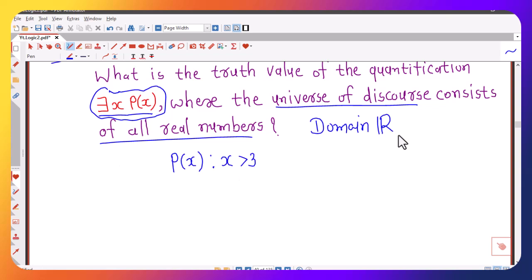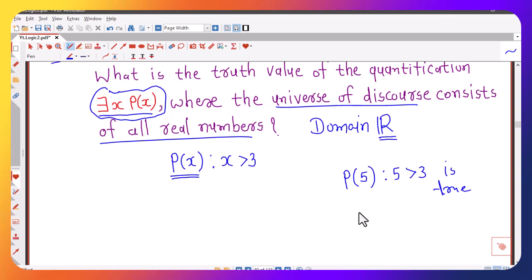So here the domain is the set of real numbers. If we consider different values of x from the set of real numbers, we will have different statements. For example, if I consider x equal to 5, I will obtain p of 5, which is 5 is greater than 3, and this is true.